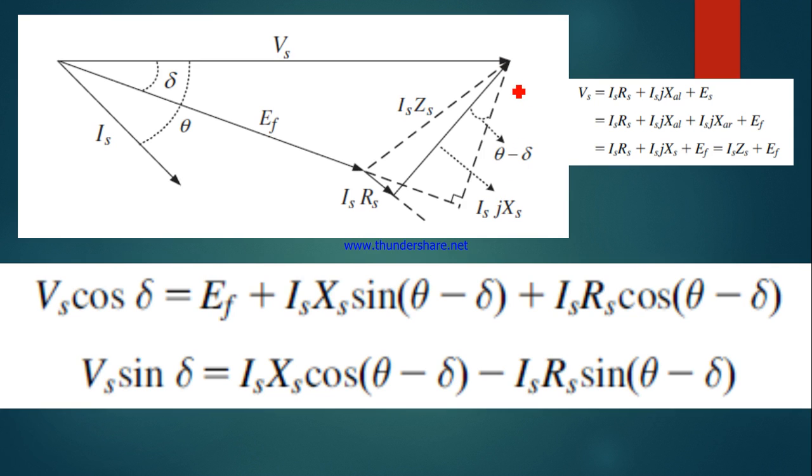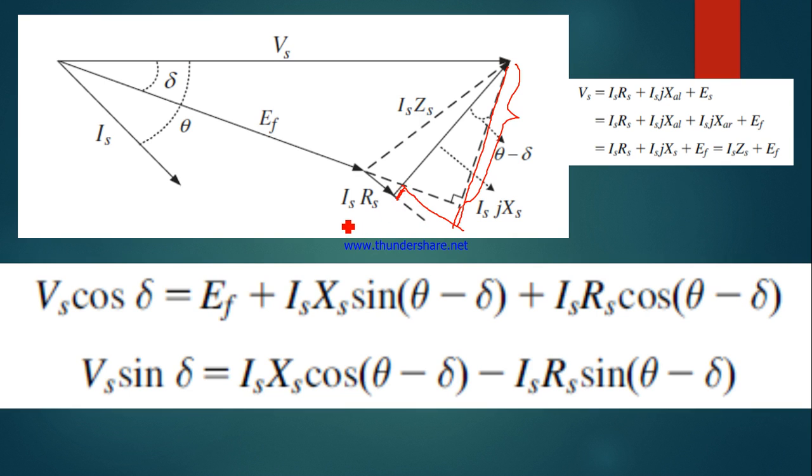Okay, now I want to find out the sine component, means this part. So I am taking a parallel line from that, I am joining it. So this part is basically the total this part minus this part. Okay, so this part is what?